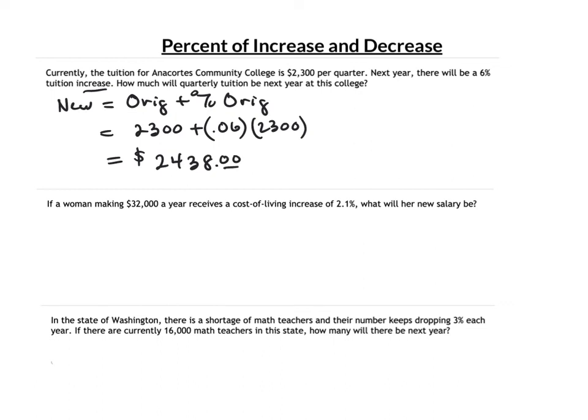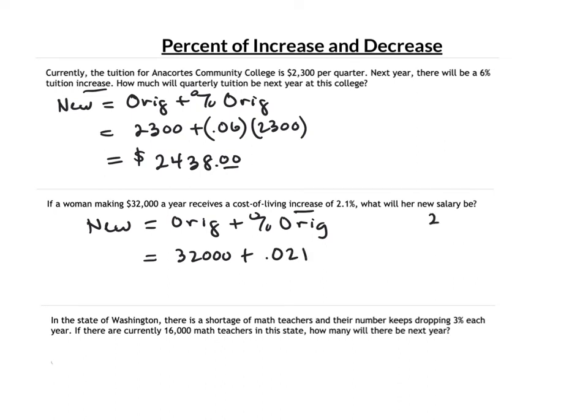If a woman making $32,000 a year receives a cost of living increase of 2.1%, what will her salary be? So she's going to get a new salary by taking the original, and it's an increase, so it'll be plus a percent of the original. So the original is 32,000 plus 0.021.